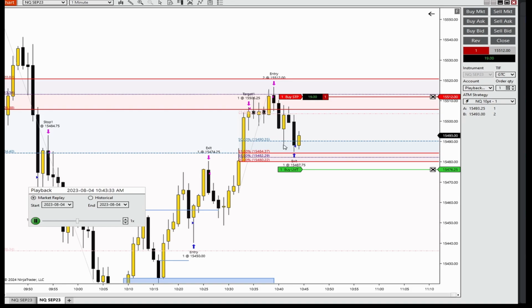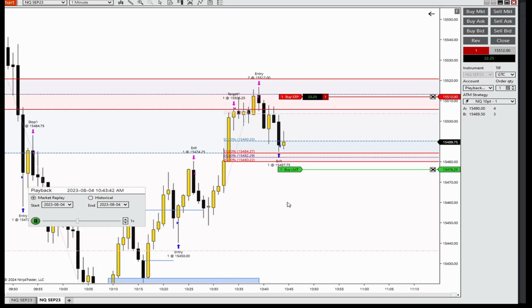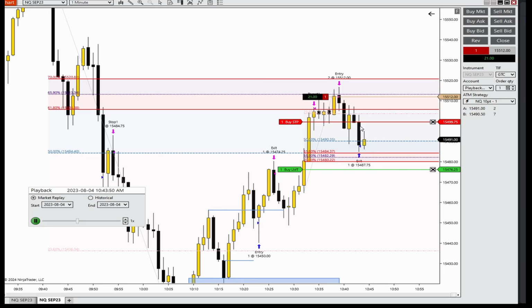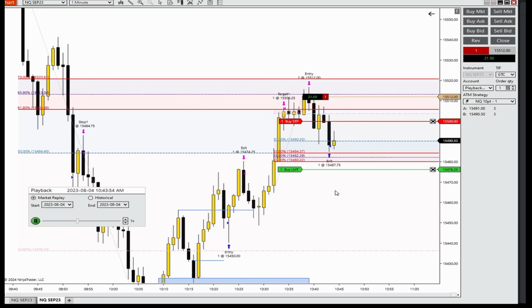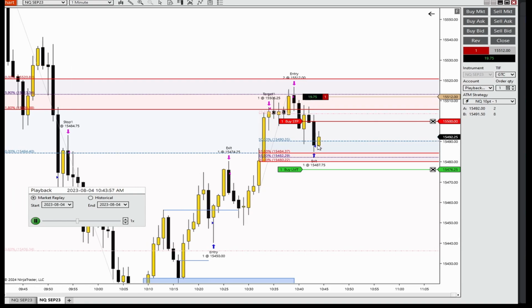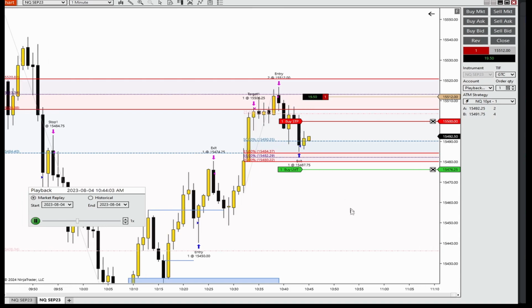Okay, so we got our body closure underneath this. I like that. We've got our lower time frame structure. If you're nervous about unrealized, I ideally wouldn't want it to come much above the open of this candle that closed underneath. Right? So maybe even one tick or something. If we sweep underneath it, then we've got a high probability that it trades back up to this wick here. We haven't done that yet.